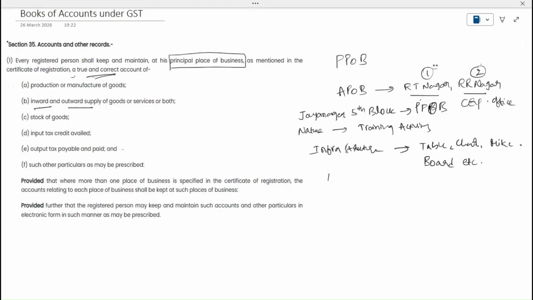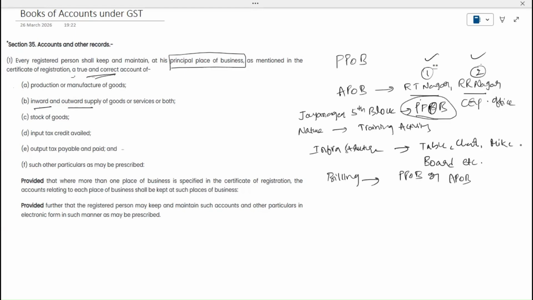Now, with respect to billing, I can have billing done at the principal place of business, or I can do it at an additional place of business. This being a service activity, I just conduct classes over here. But whoever student comes for registration has to come to our corporate office, which is the principal place of business.